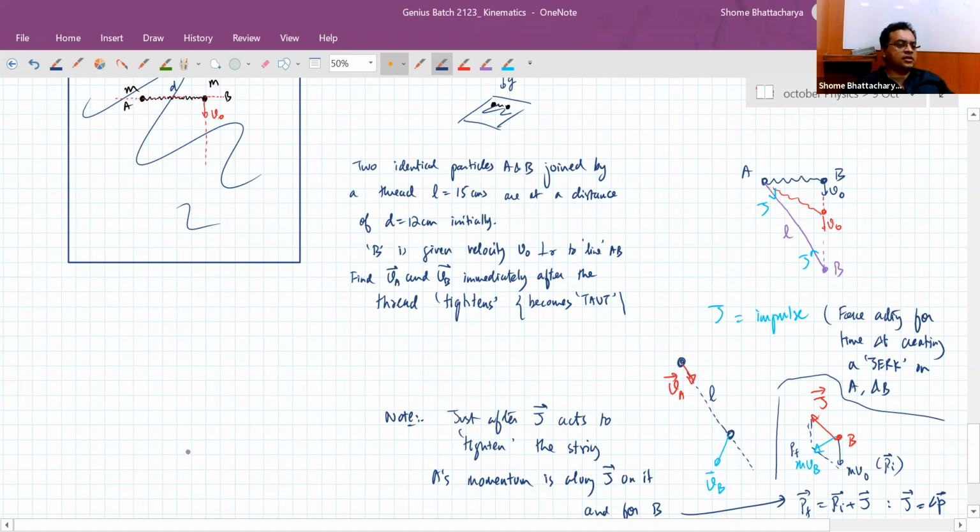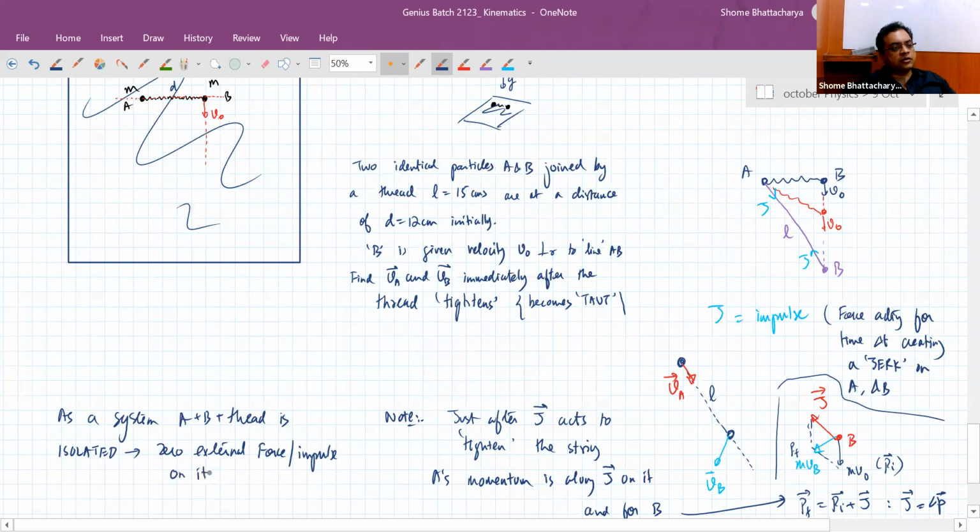So that's one thing. And the other thing, which is something going to be new for us over here, is that as a system, A plus B plus the thread is isolated. That is, there is zero external force or impulse on it.